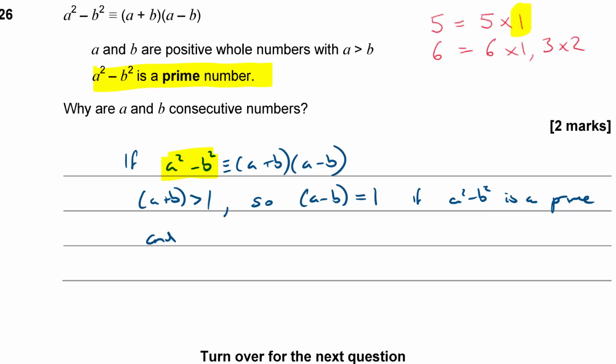If the difference between the two numbers is 1, they must be next to each other on the number line, mustn't they? Okay, and I think that's sufficient to get those 2 marks then.